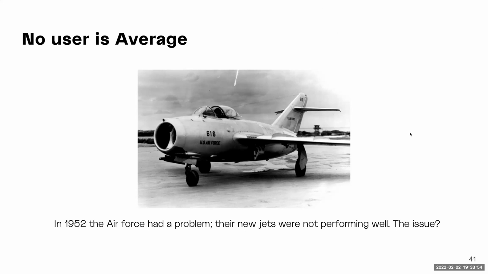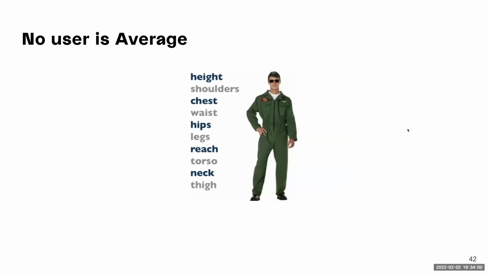The problem was that when they started designing the airplane, they did everything perfectly. But for the cockpit where the pilot sits, they thought: we have thousands of pilots, so we need to design this area for the average. But what is the average?